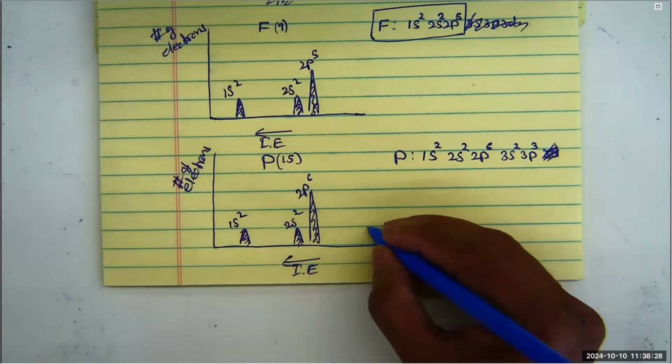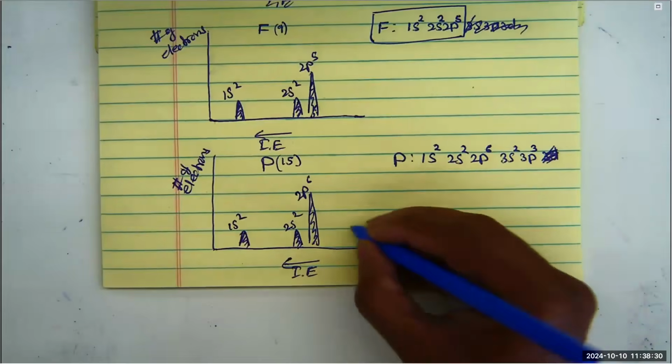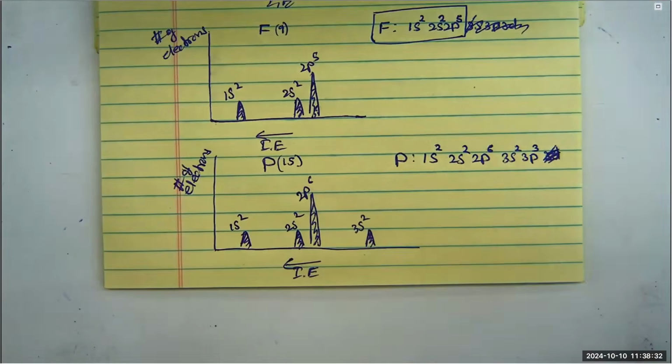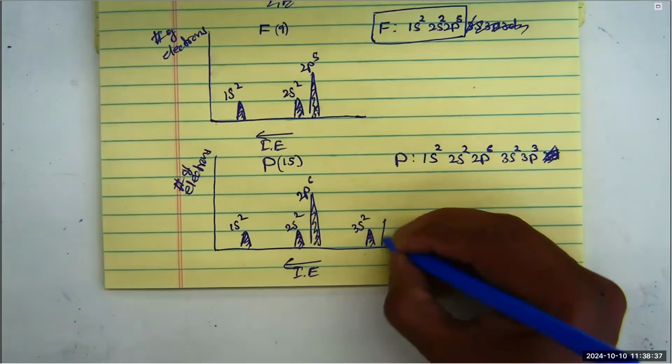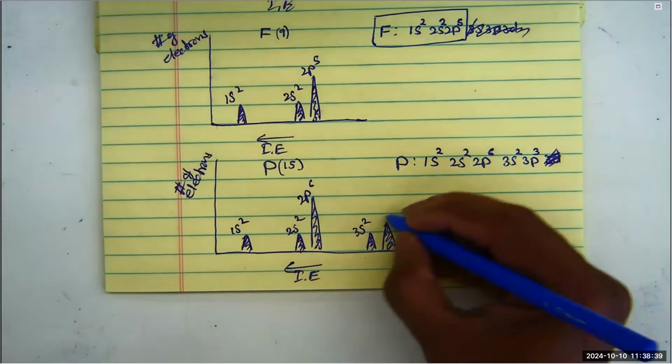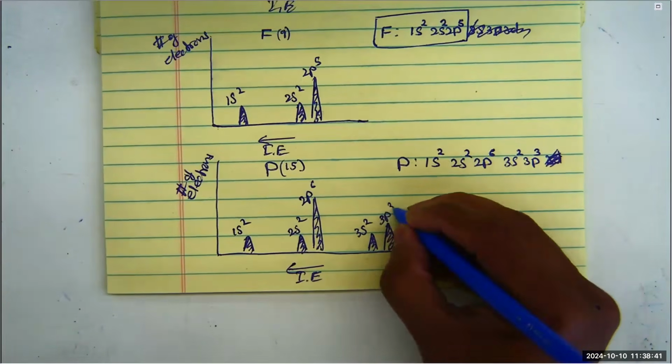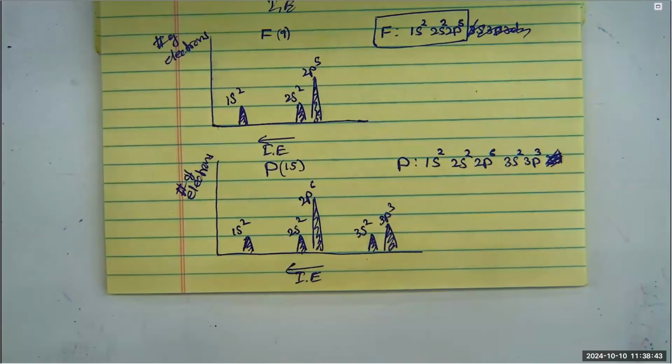Then I'm going to separate my third shell from the second shell with a large energy gap again. Here's my 3s2. And in 3p, we have 3 electrons, so I'm going to draw them over here, another Christmas tree with 3 electrons. There you go. So this should be the photoelectron spectrum of phosphorus. Done.